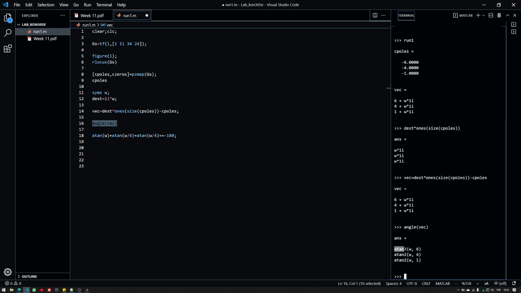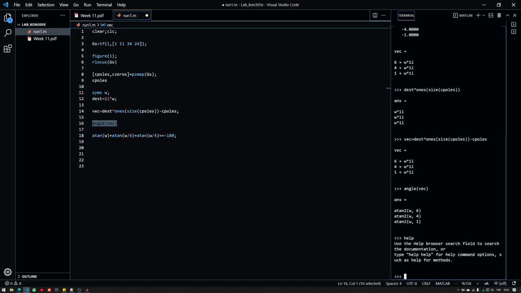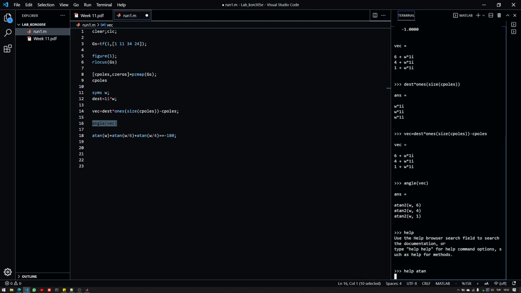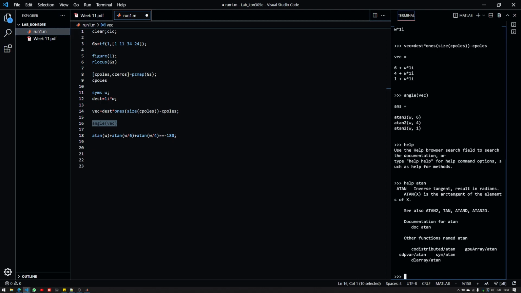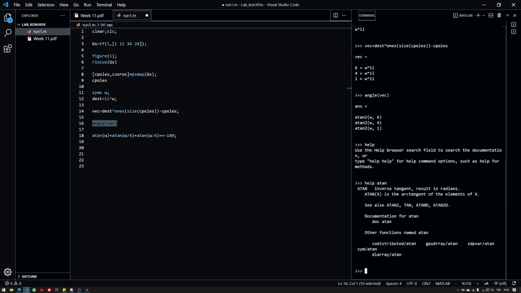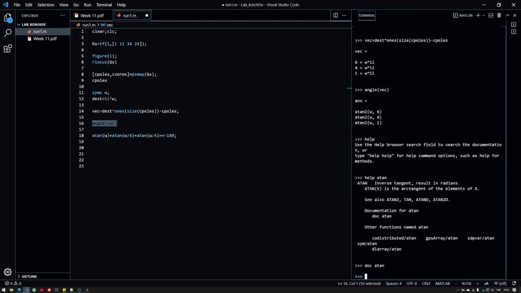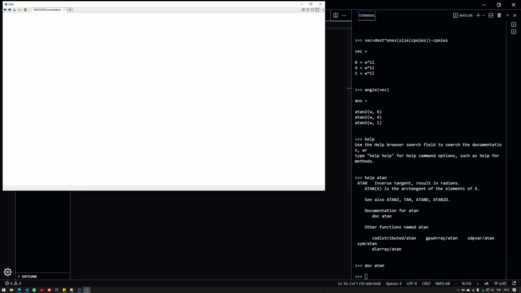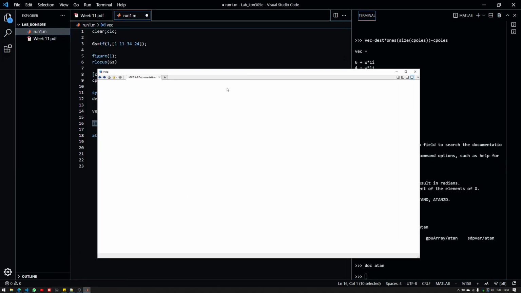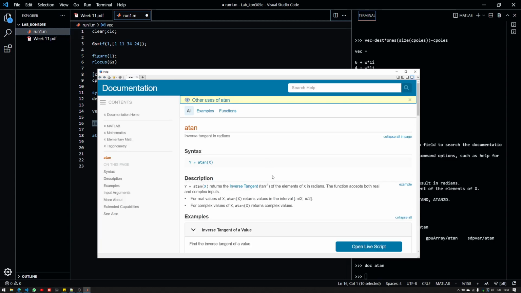If you use a tan on its own, it calculates it between. Let's look for the documentation. It should be written down in the documentation.